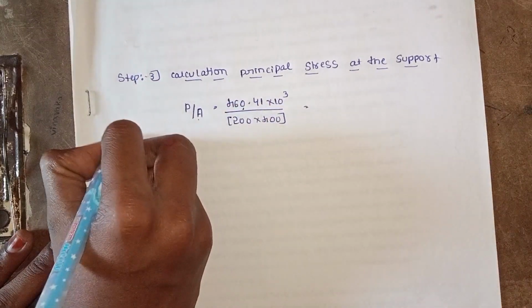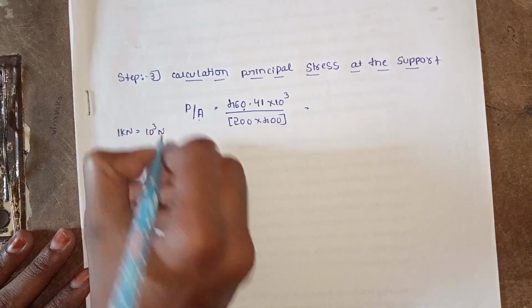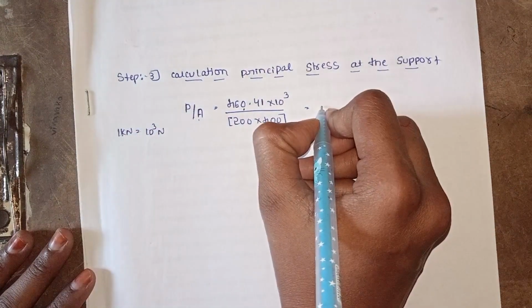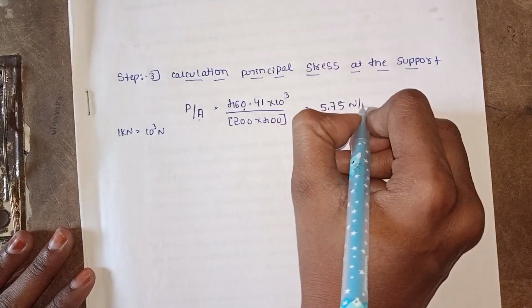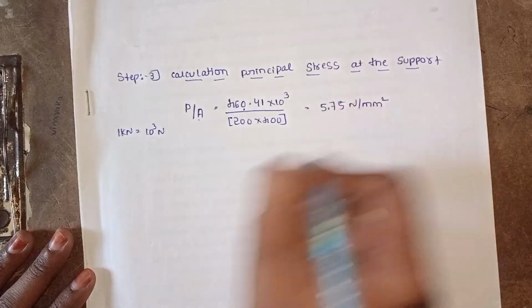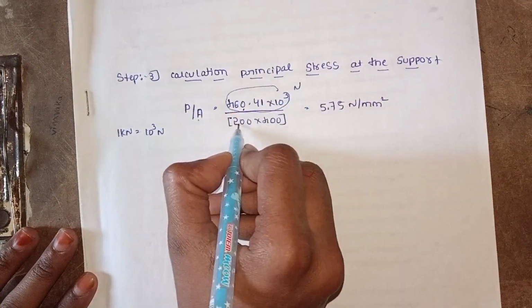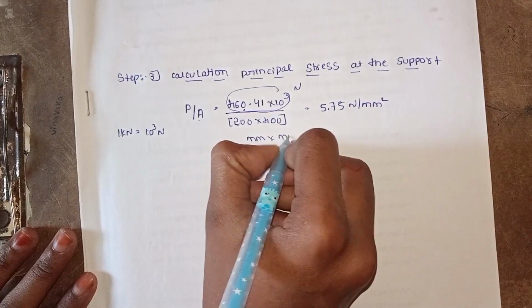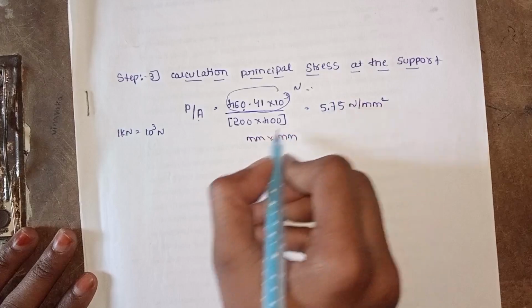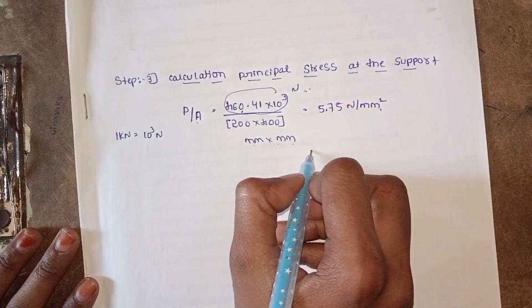So 1 kilonewton equal to 10 raised to 3 Newton. Okay, so now we got answer as 5.75 Newton per mm square, because force is in terms of Newton and area is mm into mm. Okay, this is the final answer.